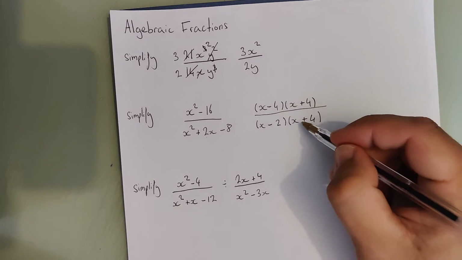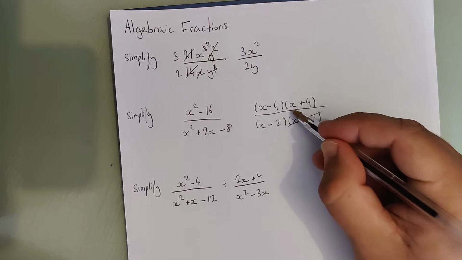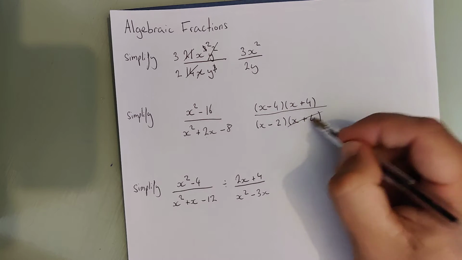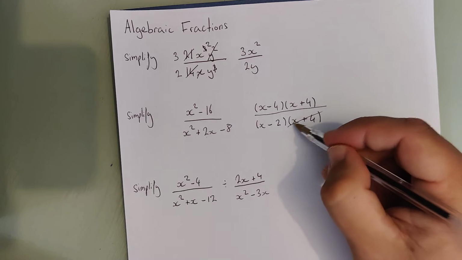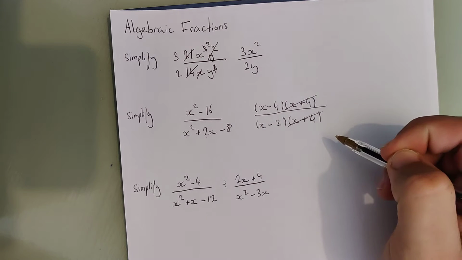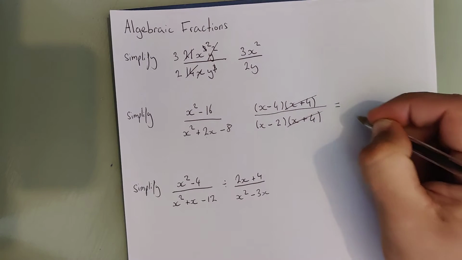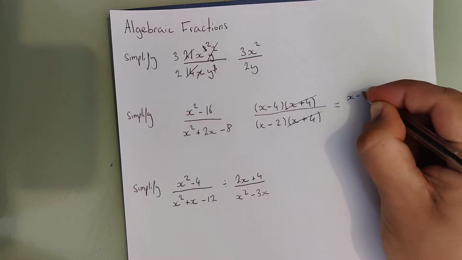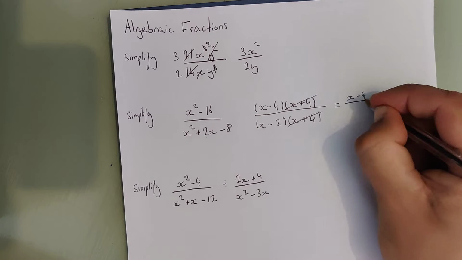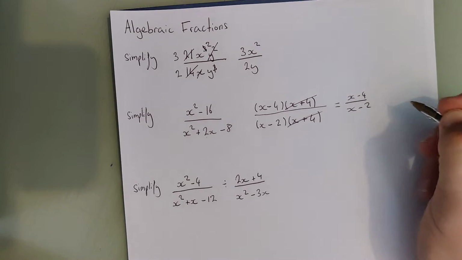And then what we can do is just cancel out the like terms, so all the brackets that look the same. So that cancels with that, and then we're left with x minus 4 over x minus 2.